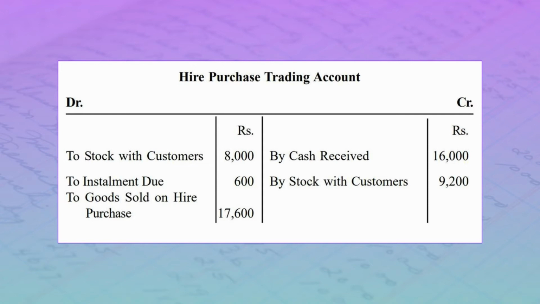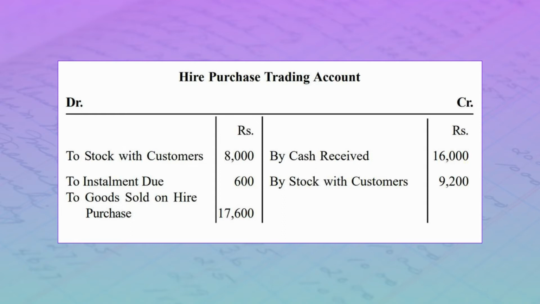So, friends, if we see the hire purchase trading account, on the credit side, by cash received 16,000. It is given in the question, cash received 16,000. Then by stock with customer. Here we have been provided the closing stock 6,900, and the profit of 25% on hire purchase price.